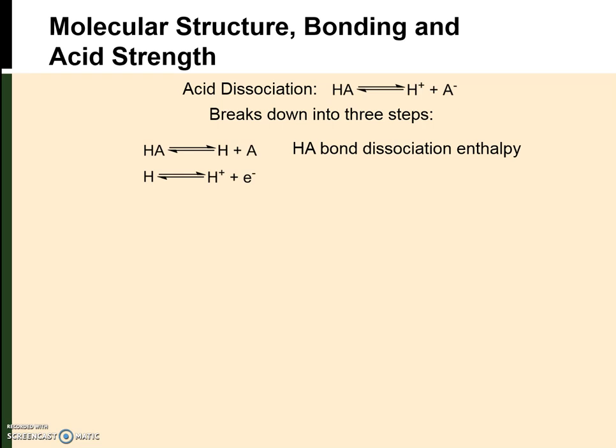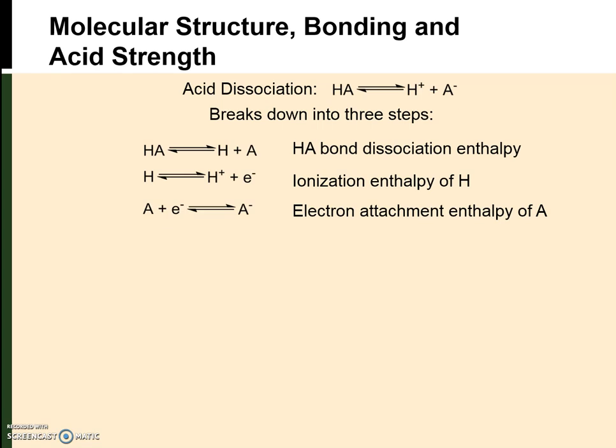Next, we need to ionize the hydrogen atom to form a proton and an electron, and this enthalpy change corresponds to the ionization enthalpy of hydrogen. And then last, we need to add an electron to A to form the ion A-, and this is related to the electron attachment enthalpy of A.